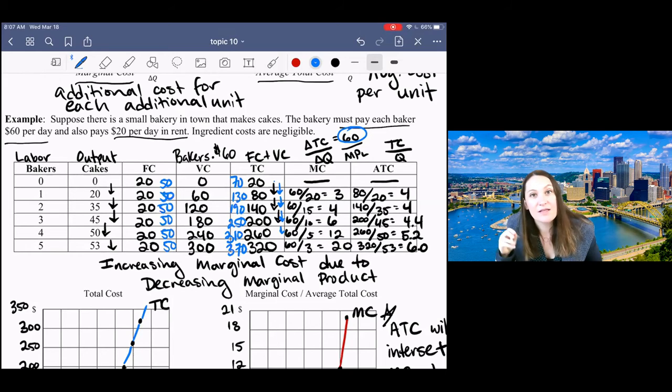The difference as I move from row to row is that I hire one more worker, I have to pay that worker $60. My fixed cost does not affect my marginal cost at all.